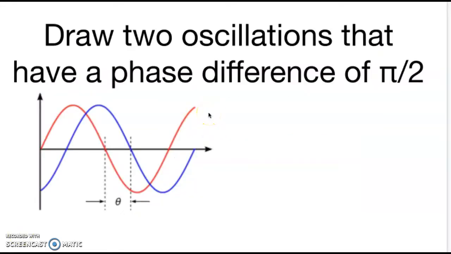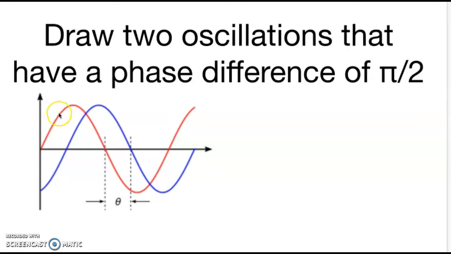And this is a diagram of two oscillators which have a phase difference of pi over 2. Now, 2 pi is equal to 1 cycle. Pi is equal to half of a cycle. So pi over 2 is a quarter of a cycle. Now let's have a look at what that means on this diagram. The red one is going through the equilibrium position at time equals 0.